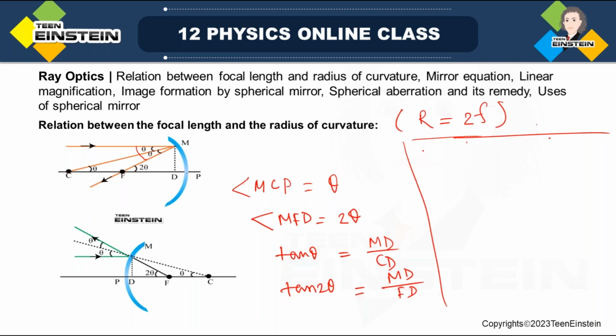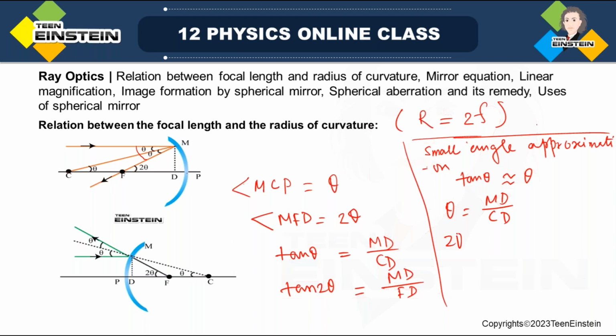Now, performing small angle approximation, that means when the angle theta is very small, tan theta could be written as theta alone. So can I write then theta is equal to MD by CD?